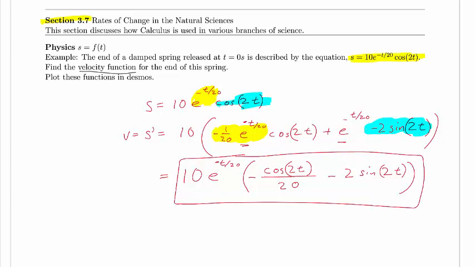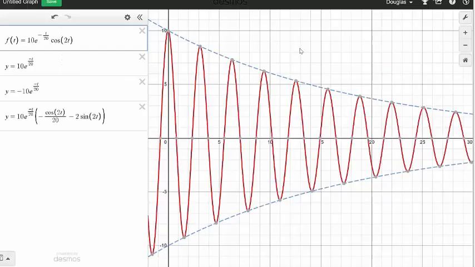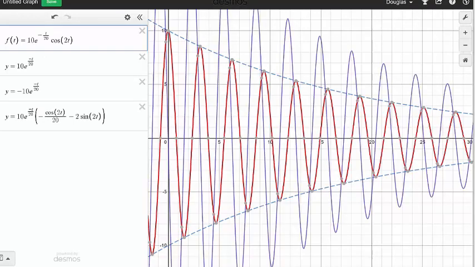Okay, so let's take a look at this in Desmos. All right, so we have this set up, and let's go ahead and take a look at it now. This equation here in blue, that is our velocity equation. Let's go ahead and zoom in so we can get a better idea of what's going on here.